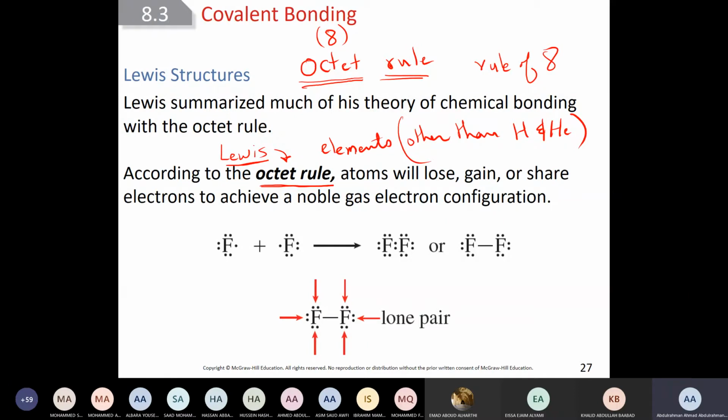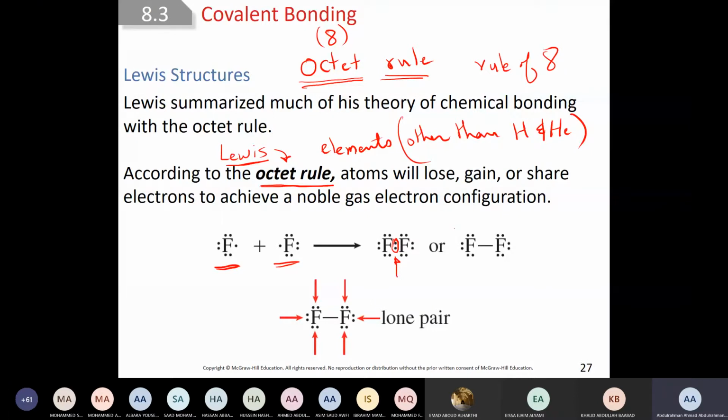How? Okay, when fluorine, which has 7 electrons, interacts with another fluorine to make the bond, how many bonds is this one? 2 electrons. Single. And we can go this way or this way.